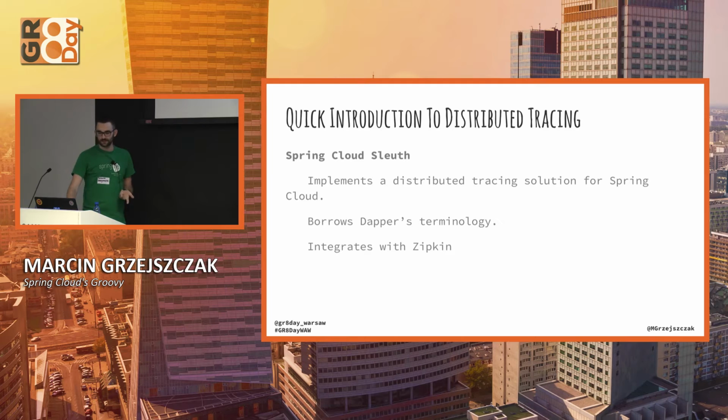Now, what is Spring Cloud Sleuth? Spring Cloud Sleuth is an implementation of a distributed tracing solution for Spring Cloud. We're going to have, hopefully, release candidate 1 next week. If anybody of you is using milestone 5, the difference between milestone 5 and release candidate 1 is gigantic. You will have to really spend some time changing your code.